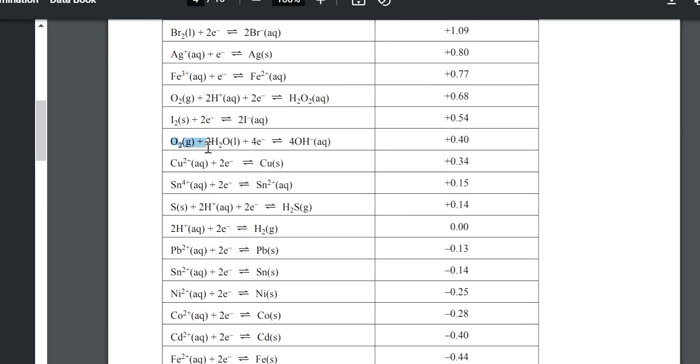So we've got our oxidation reaction here with the production of oxygen, and our reduction reaction here down below with the reduction to produce hydrogen gas.